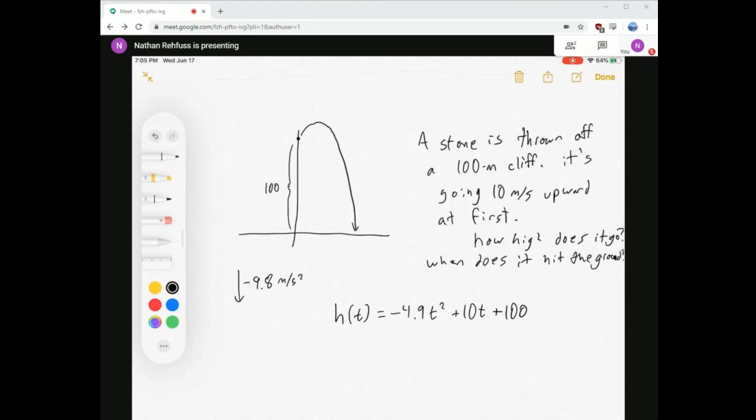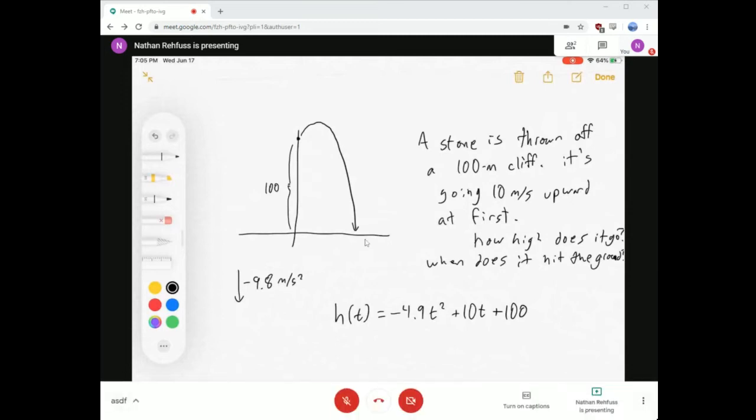Then if I step off of the cliff, at first I'm motionless, and then in 1 second I'll be going 10 meters per second downward. After 2 seconds I'll be going 20, and then 30, and then 40, and then 50. So my speed is increasing by 10 every second I'm in the air, and then it's all stopping to zero very, very suddenly, and that's when the severe organ damage occurs.